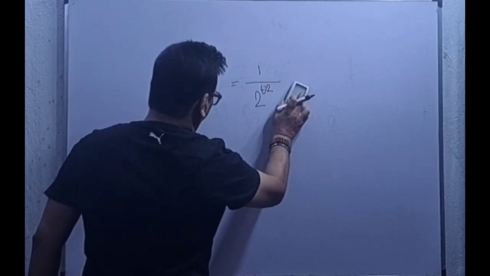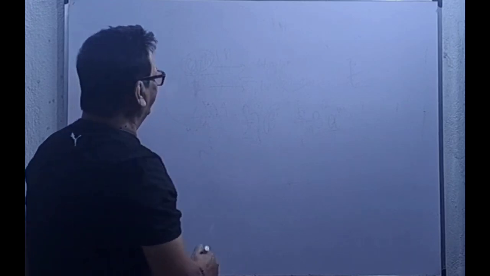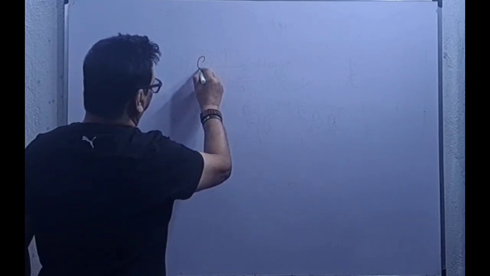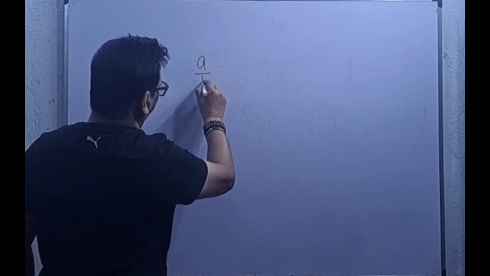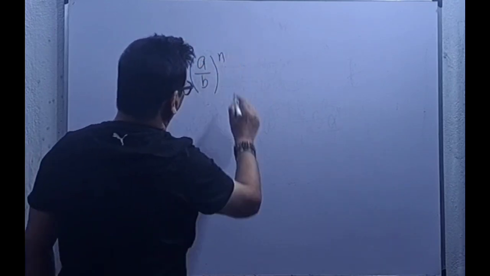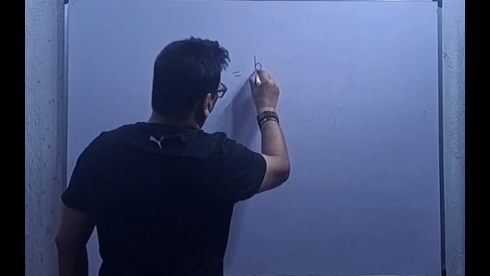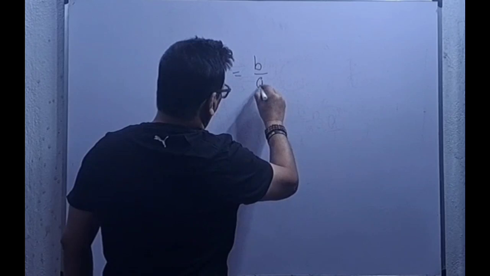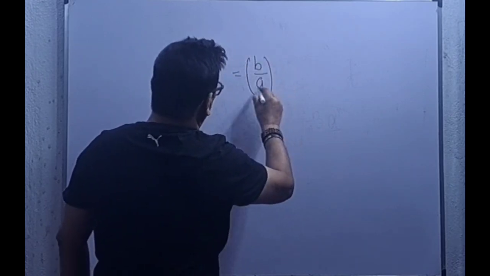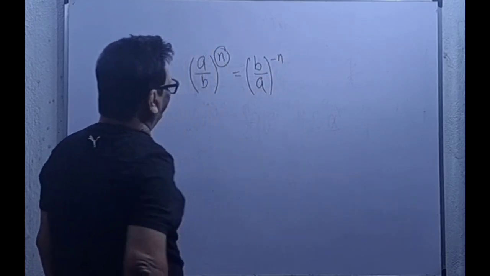So, again we interchange both numerator and denominator, like a by b to the power of n, right? Now if we write it this way, this becomes negative. Have you understood?